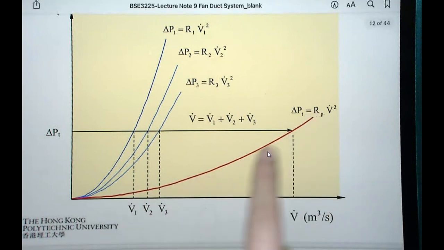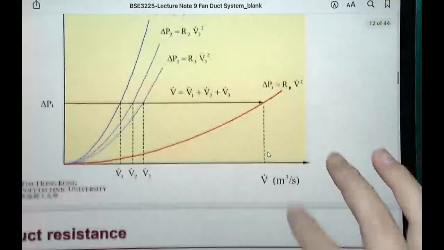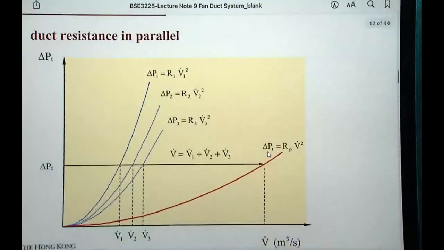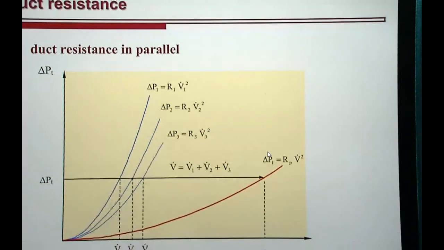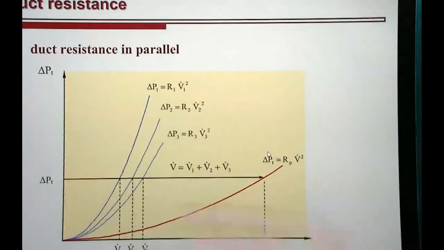And finally, we can get the system curve as shown here in this red line. Okay, so this is the definition of duct resistance and the expression of duct resistance, and how you can calculate the duct resistance of a duct system for the first scenario, when we have duct sections connected in series, and the second scenario, when we have duct sections connected in parallel.